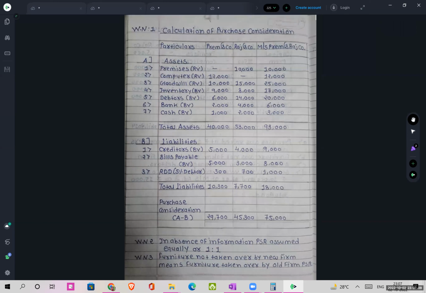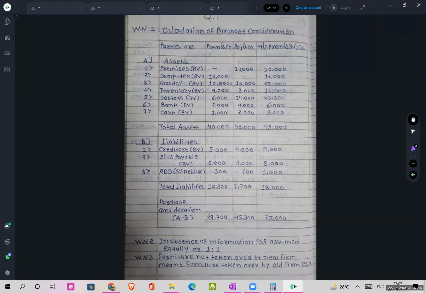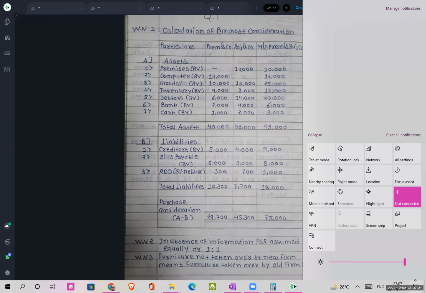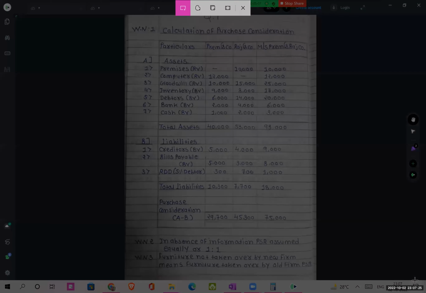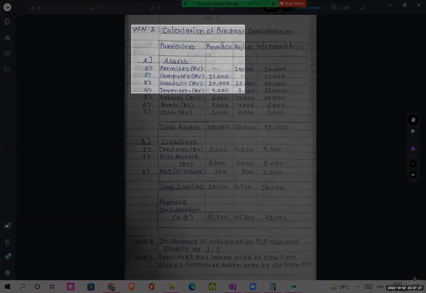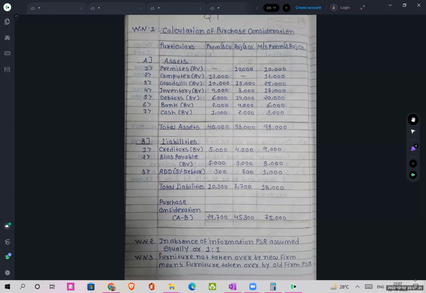Please make a note of this. So here's your calculation of PC. Okay, so let me just consider. It can be a part of your working note as well. That is the calculation part of PC.